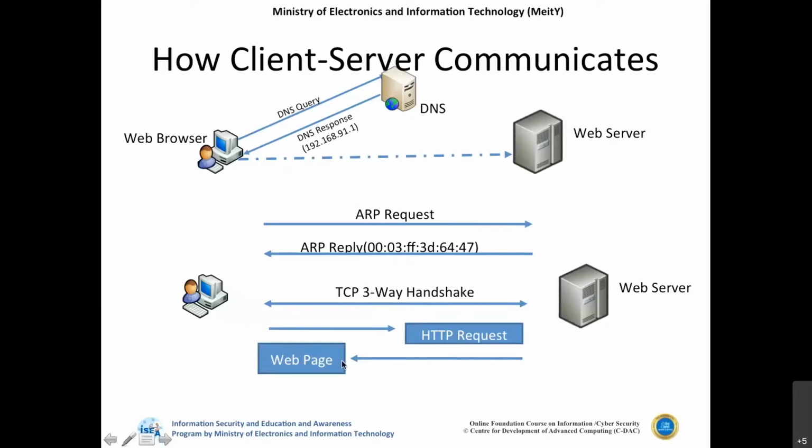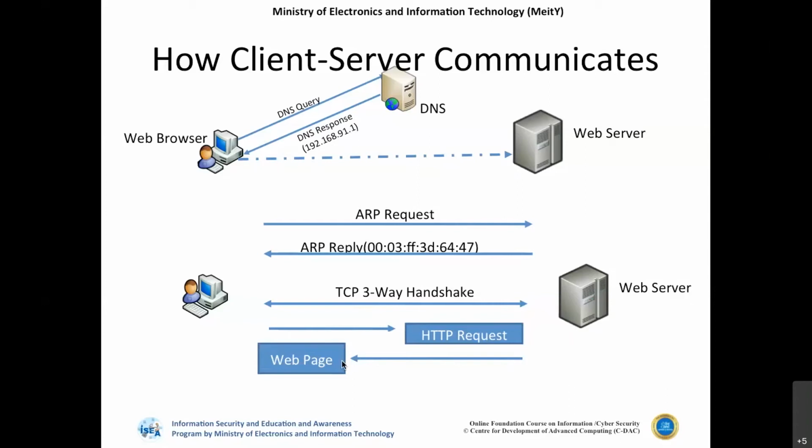All these things are done in a fraction of a second, so you don't know these things are happening behind the scenes. Of course, today's practical or tomorrow morning's practical is about understanding such communication only. So you understood how two systems contact each other for anything.